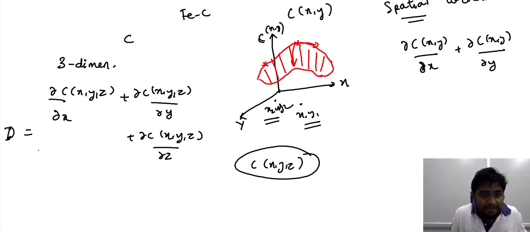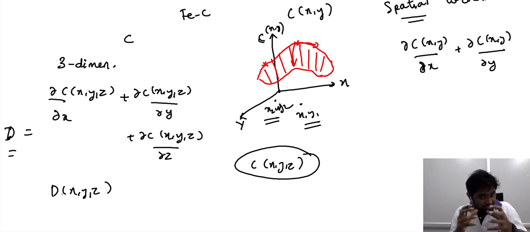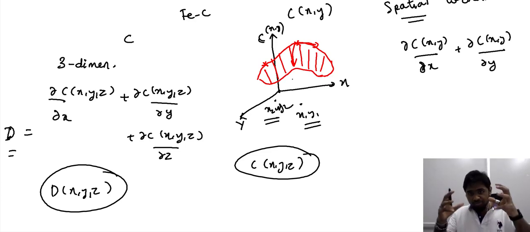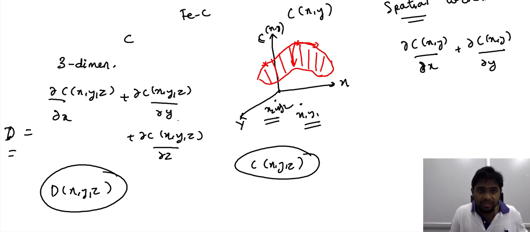Now this d, after summing it all up, may still be dependent on x, y and z. This could be the case when it reflects the nature of your distribution. Your concentration is distributed in such a way that after taking the partial derivative, this function is still dependent on x, y and z.